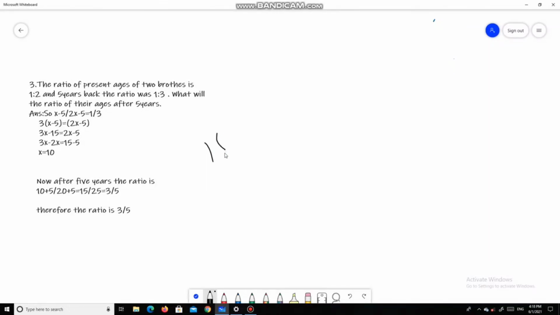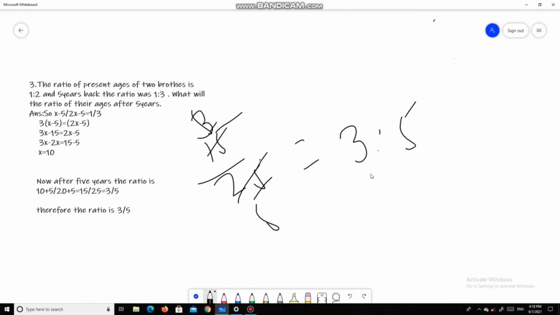Now we have to just divide by a number by which 15 is divisible and also 25 is divisible. It's like 5 3s are 15 and 5 5s are 25. So 3:5 is the ratio of their ages. After 5 years the ratio of their ages, two brothers, will be 3:5.